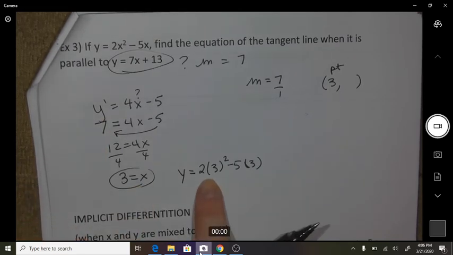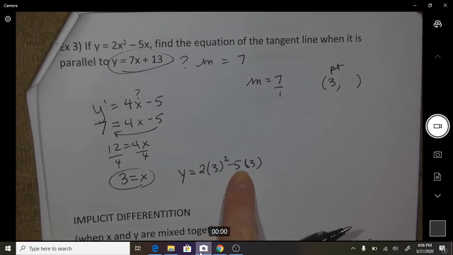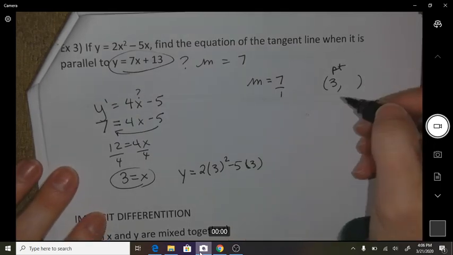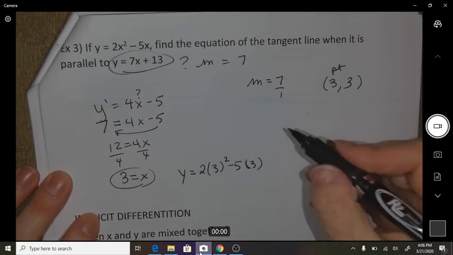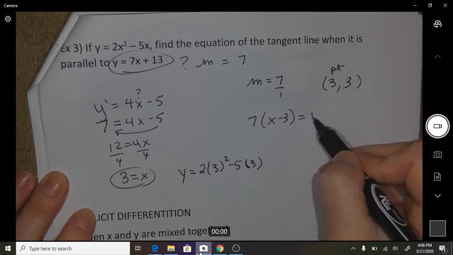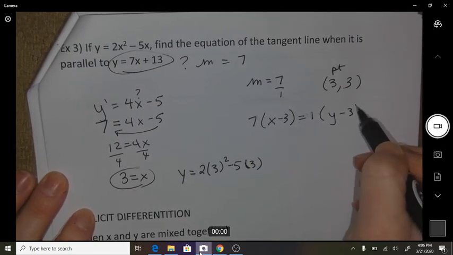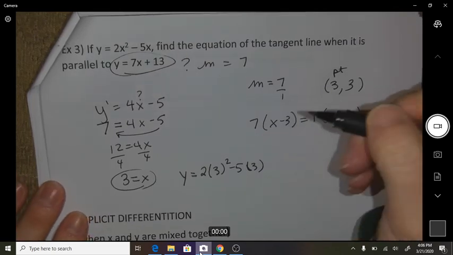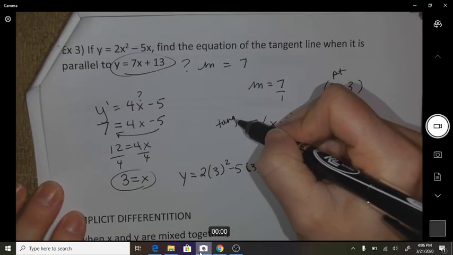Okay, so I'm going to insert 2 times 3 squared, and I get a final answer of 3. Okay, so 7, x minus 3 equals 1, y minus 3 is my final equation for a tangent line.